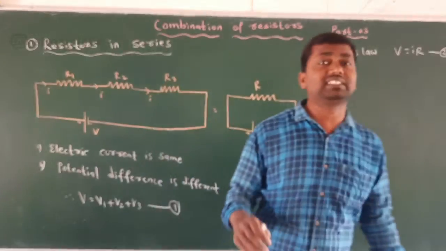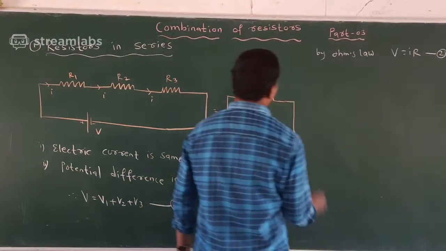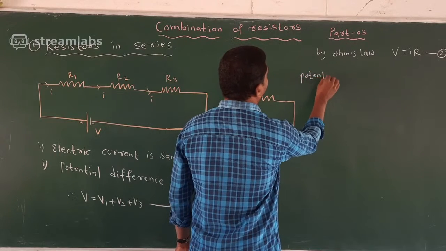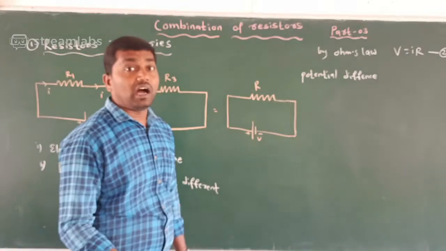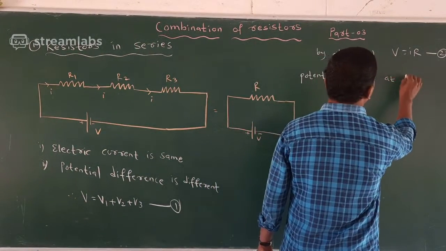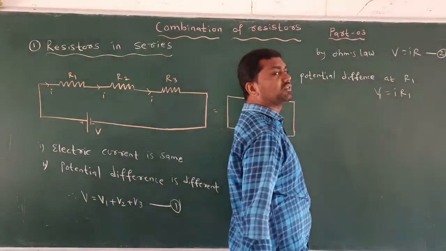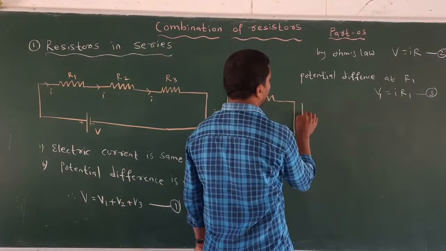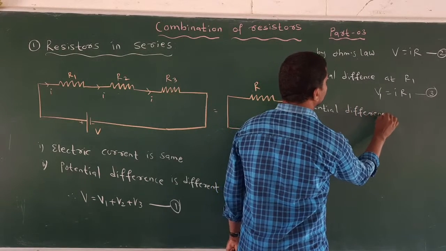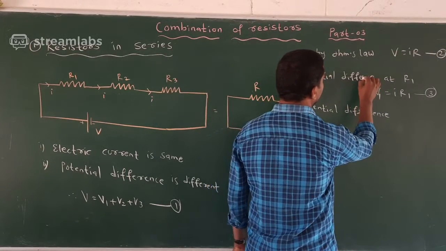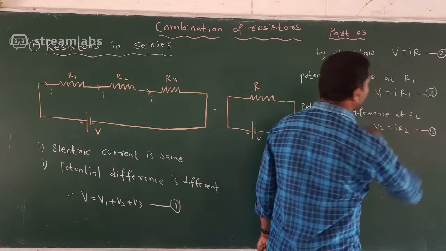So we can calculate the potential difference at the R1 resistor, at the R2 resistor, and at the R3 resistor. The potential difference at the R1 resistor: we can write V1 is equal to IR1, equation number 3. Next, the potential difference at the R2 resistor: V2 is equal to IR2, equation number 4.